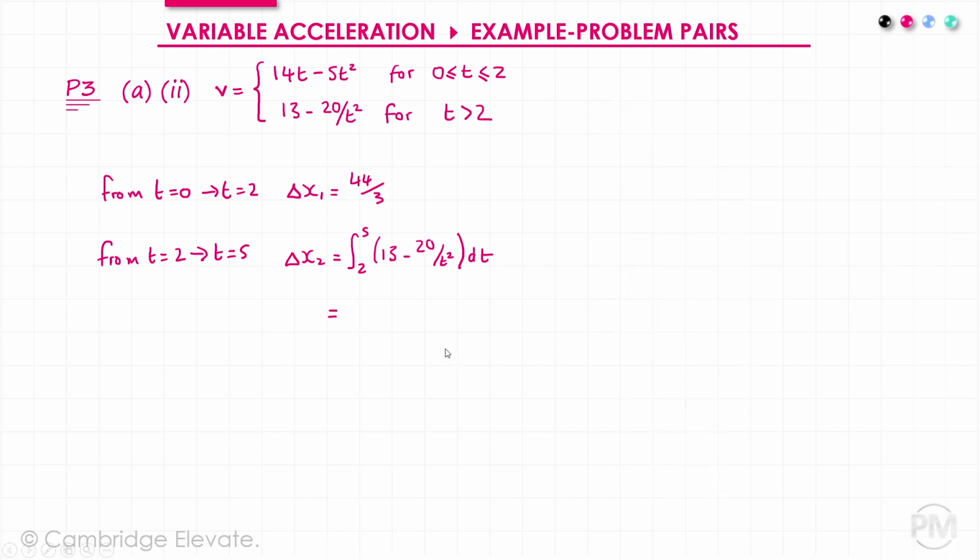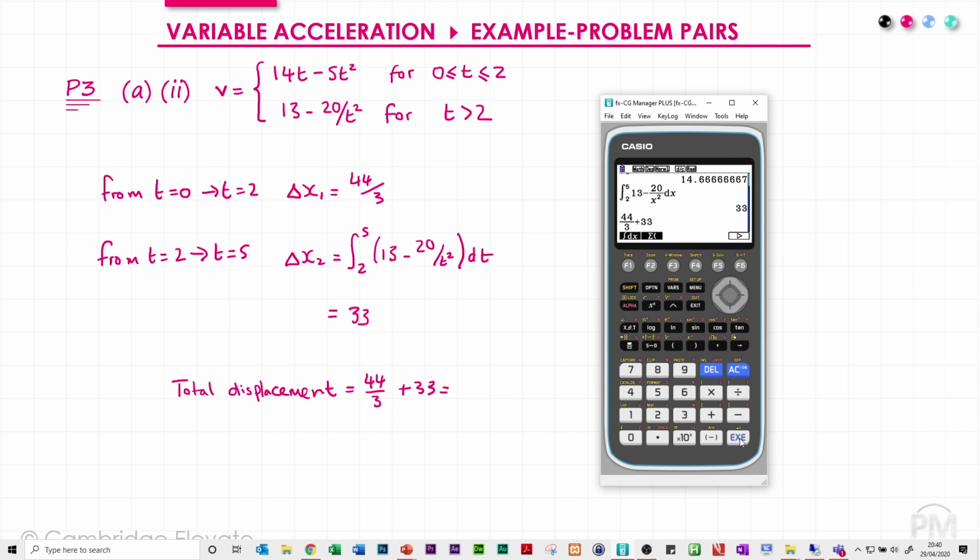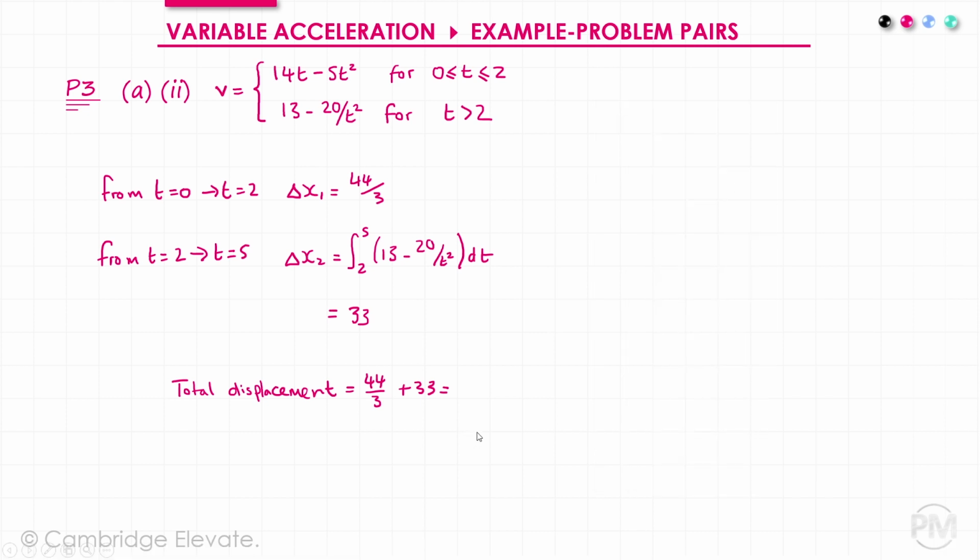That gives us 33 metres. So the total displacement equals 44 over 3 plus 33, which gives us 47.7 to 3 significant figures.